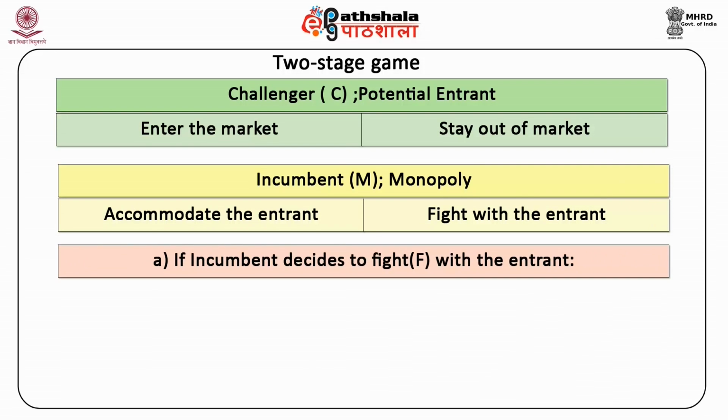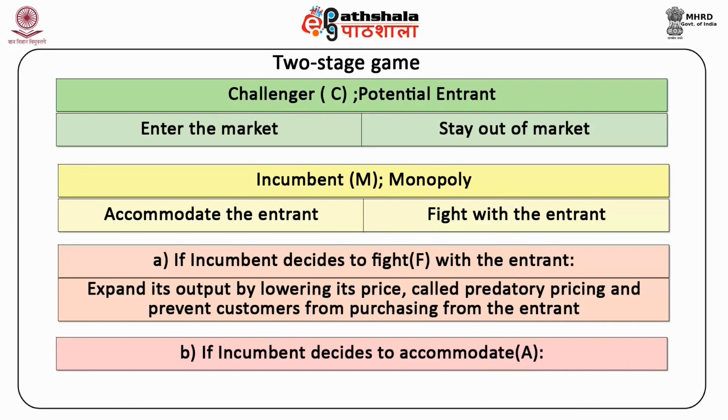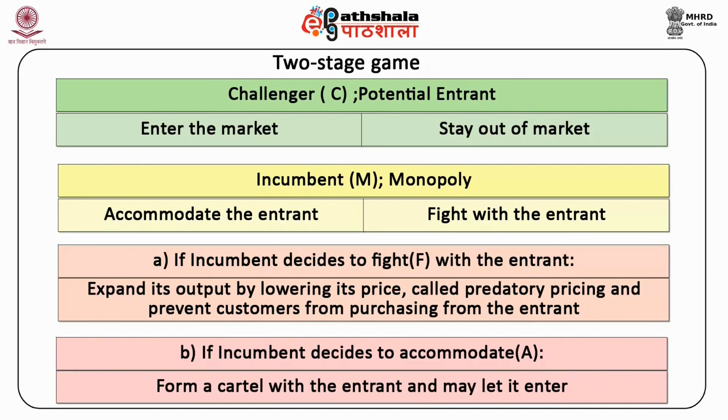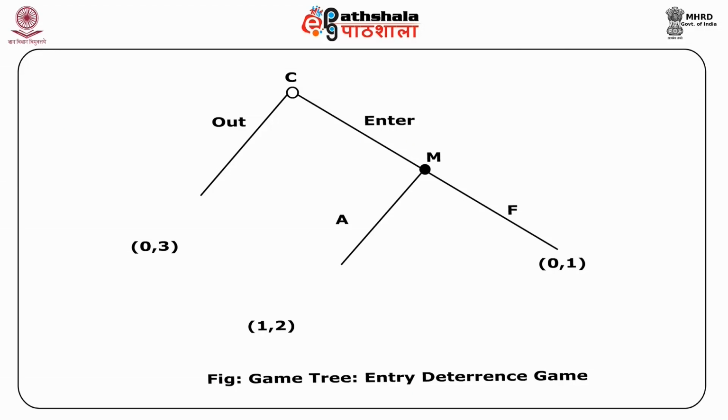If it decides to fight, F, with the entrant, then it will expand its output by lowering its price, called predatory pricing, and therefore prevent customers from purchasing from the entrant, while if it decides to accommodate, A, it then may form a cartel with the entrant and may let it enter. The above situation can be represented in the form of a game tree as follows.